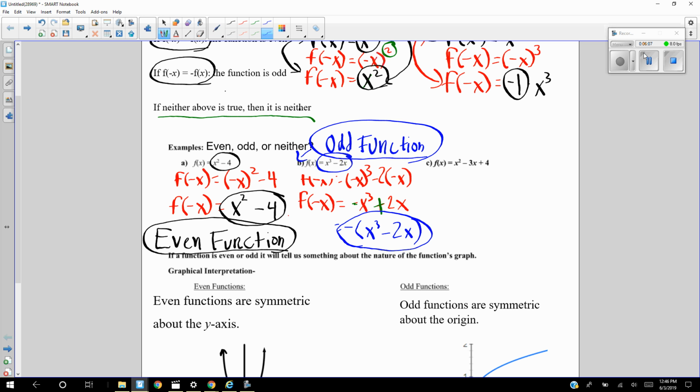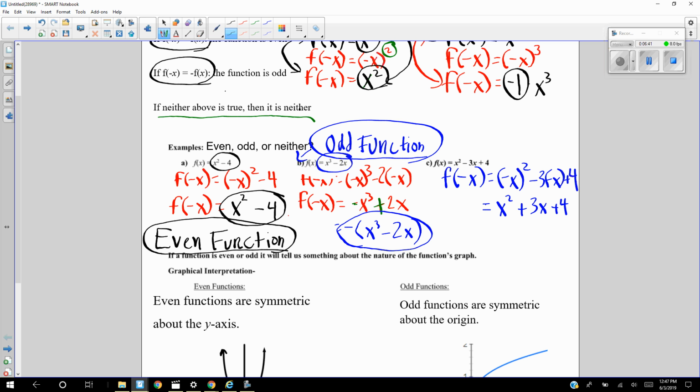Try to go ahead and start that last one, letter C, and see what you come up with. So we end up with this when we plug in negative x. You get positive x squared, you get a negative 3x, and 4 is positive as well. We can't factor anything out here. First off, we know it's not even.